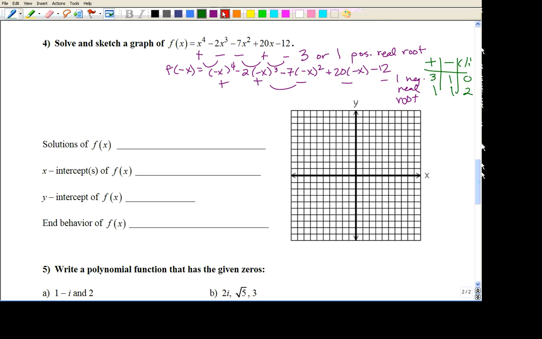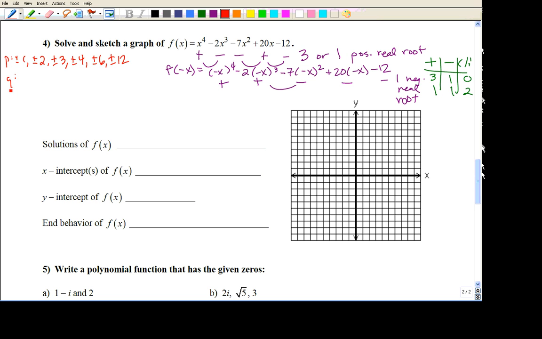Now let's find the possible rational roots. So for the p-values, we're looking at the factors of our constant term of negative 12, so that'll be plus or minus 1, plus or minus 2, 3, 4, 6, and 12.